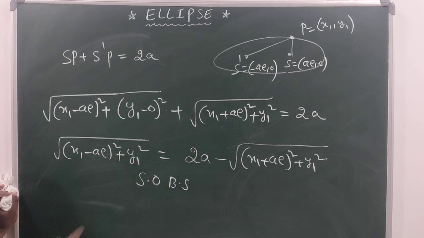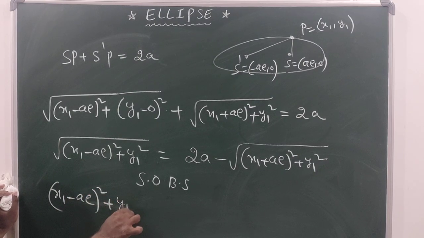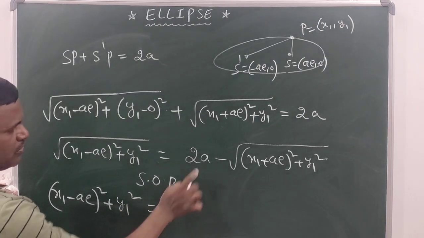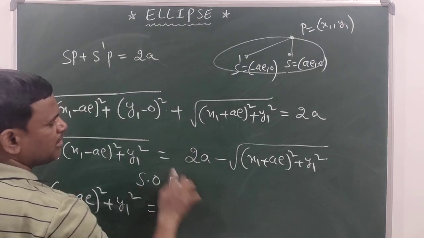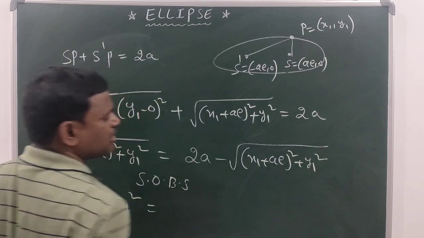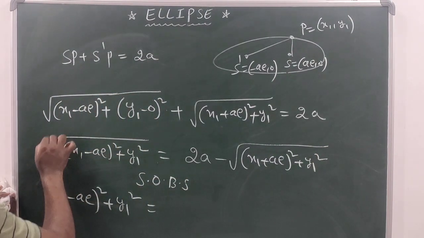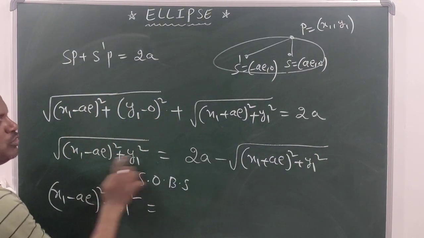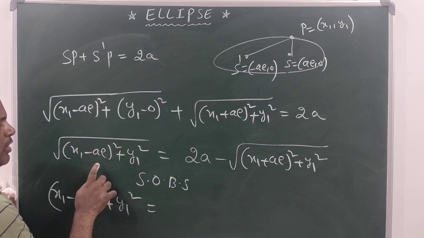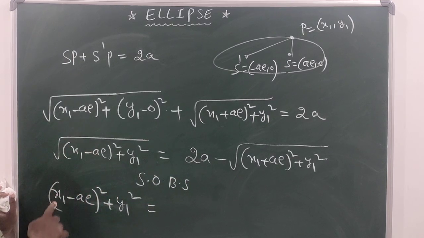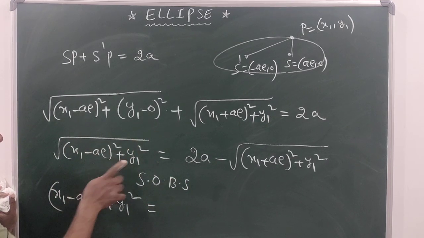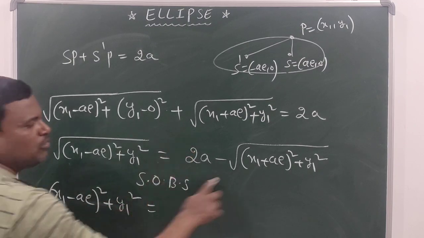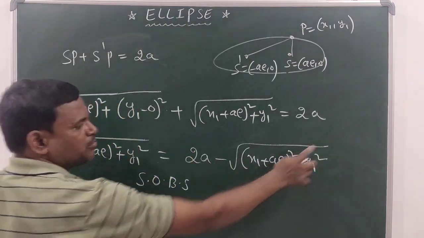If you take squaring on both sides, here x1 minus AE whole square plus y1 square, which is equal to, here it is looking like a plus a minus b whole square. Am I right? What I am doing, I am taking square on both sides for this. So here square root and square get cancelled, this is left. And here it is looking like a minus b whole square.